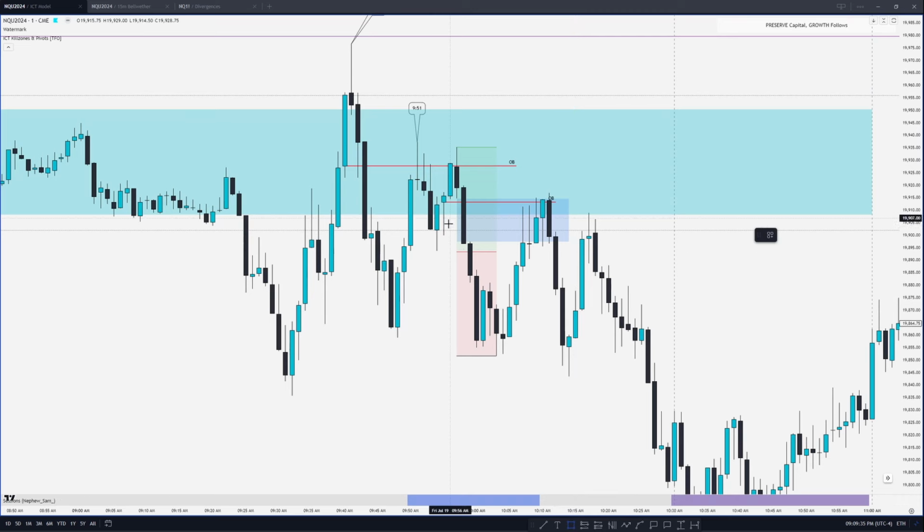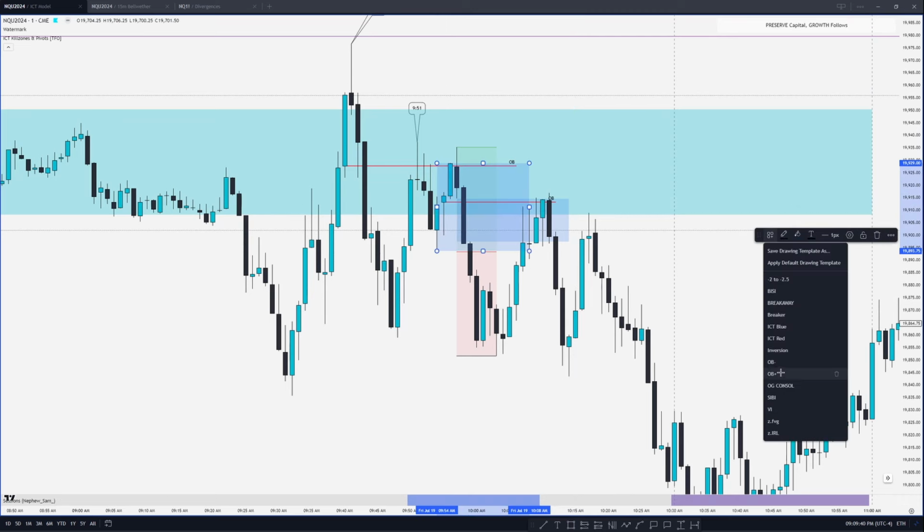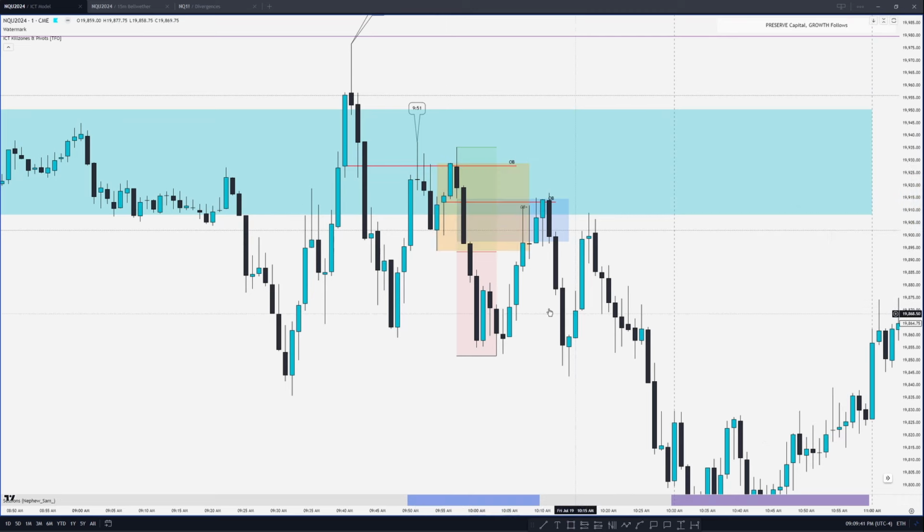So if your full order block is this, technically it's from wick to wick if you want to use the entire thing, just to be all-inclusive. You want to narrow it down, be more precise, you use the candle bodies, which I feel like most people use. If you want to be even more precise, this is not required, obviously, but notice how there's a volume imbalance right here between the 954 and the 955 candles. You can actually shrink the order block to here.